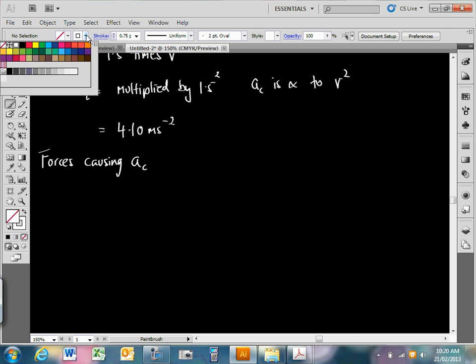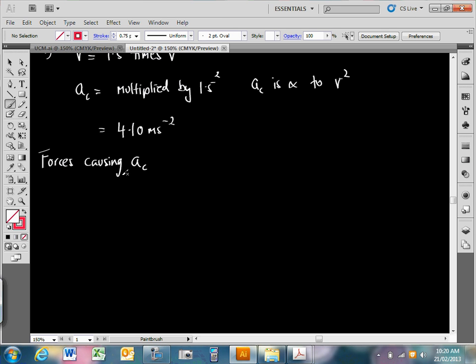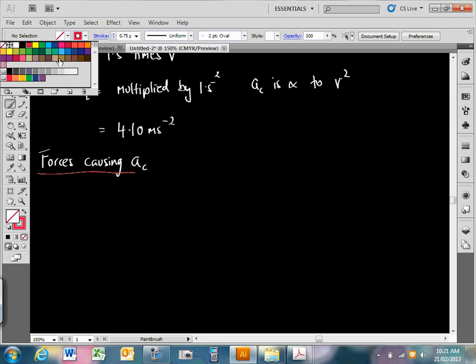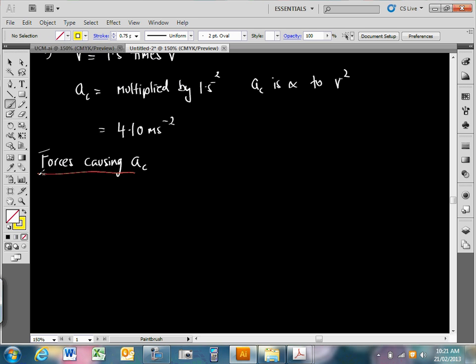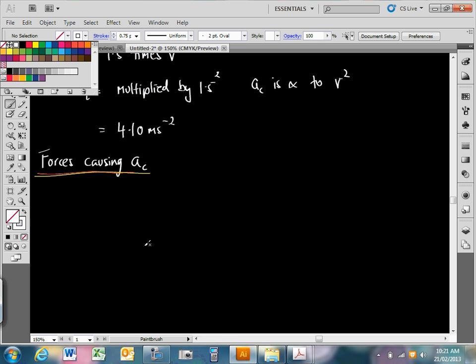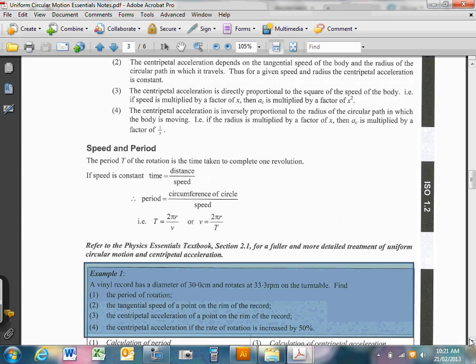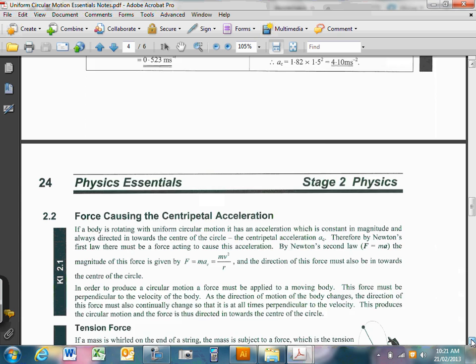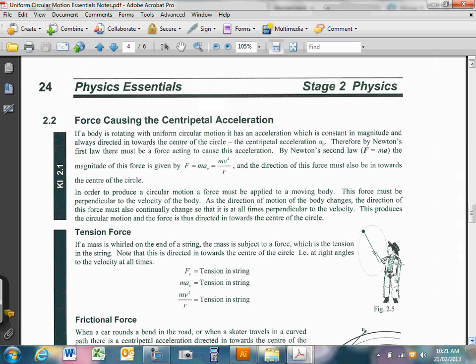Forces causing centripetal acceleration. This is much easier.